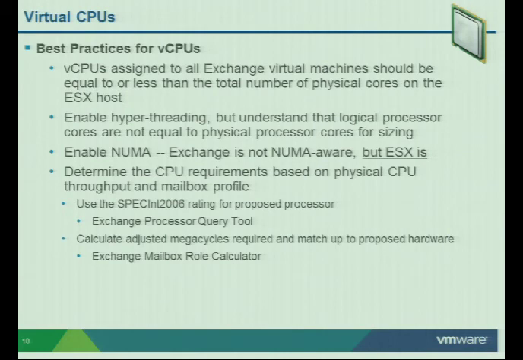So best practices from a virtual CPU perspective. First and foremost is making sure we're not overcommitting the server hardware immediately, right off the bat. During design, we do not want to design with the intent that we're already going to overcommit at time of deployment. There's kind of two reasons for that.